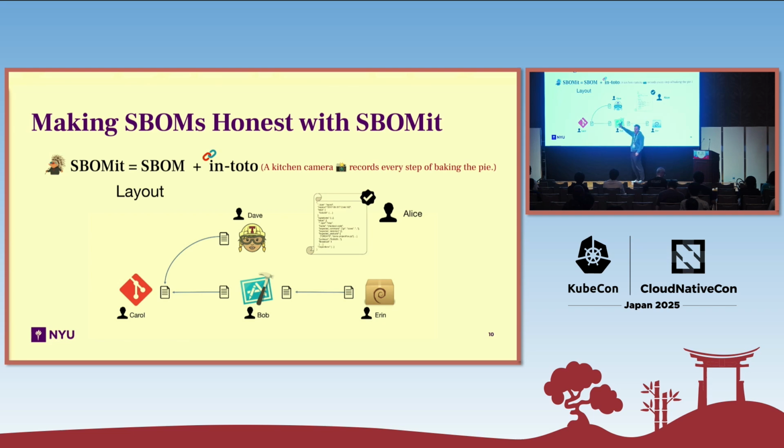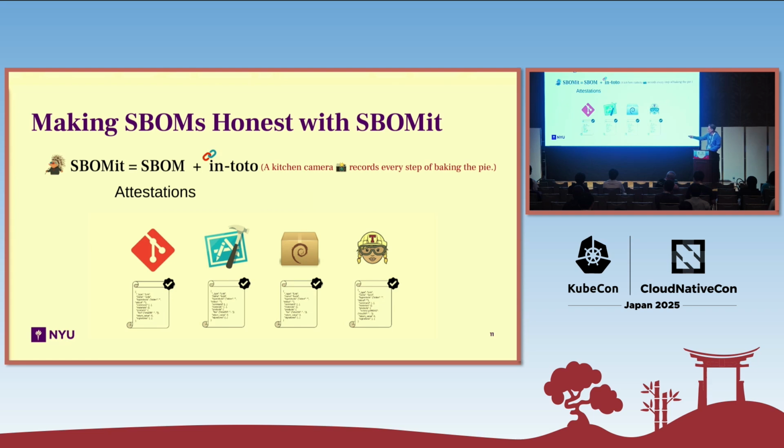Is it actually running on your build server? Is it being signed by your HSM or whatever you have there? Is it running the correct binary? And then it looks at the binaries that are produced out of this, the things that come out of the compiler that need to be passed further along. And then what the layout does is connect all those steps together. We have the individual attestations for each step, and the layout connects them.